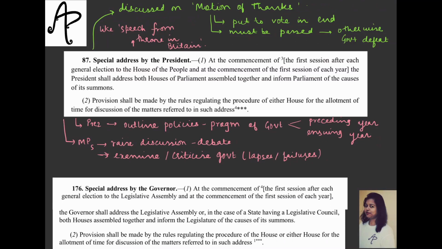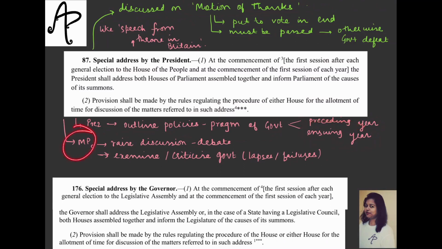Now basically this address is discussed in a motion which is called the motion of thanks. Okay, now what happens here is that the president outlines the government's policies and the programs. Okay, it is written by the government's office, but the president has to give it in the speech. So in the preceding year, whatever policies, programs have been there, what will be done in the coming year, all of that is discussed.